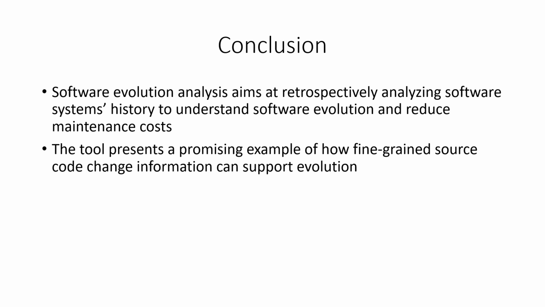Otherwise, software maintenance would be a very long task in which to acquire the information in detail. So with the help of these tools we can ease the process of software maintenance, and by understanding how software evolves, we can better understand software maintenance too.